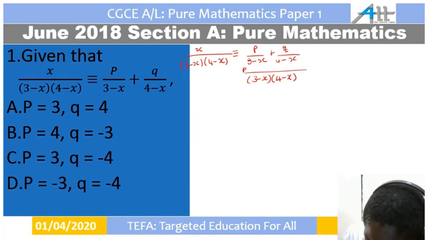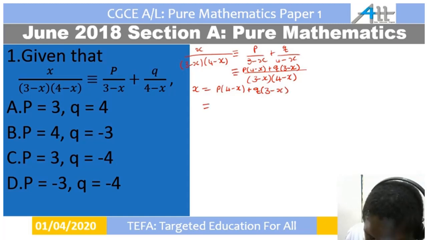When we divide, that will be p times 4 minus x plus q times 3 minus x. So the new denominators are equal, therefore we equate the numerators. That will give us x equal p into 4 minus x plus q into 3 minus x.